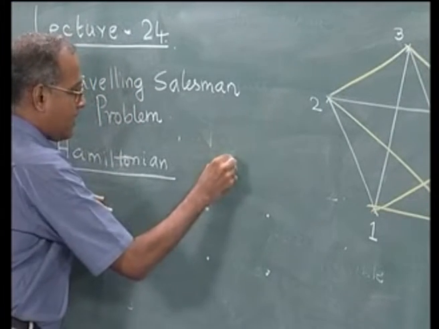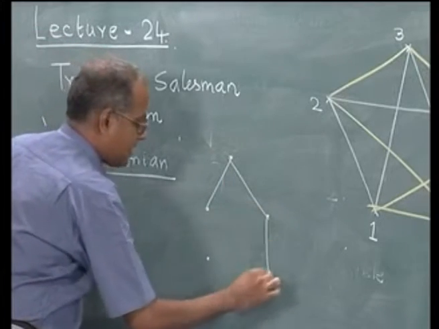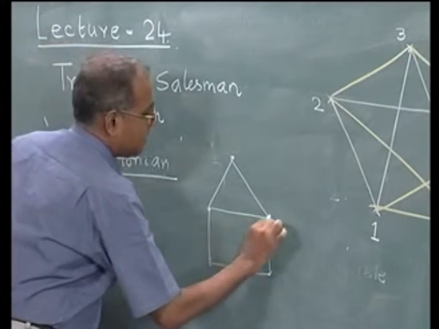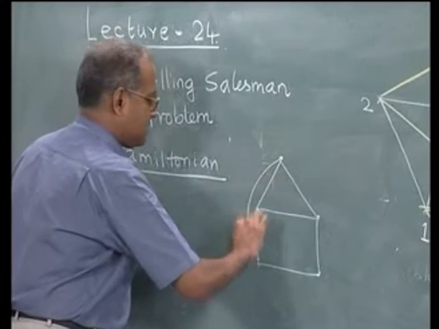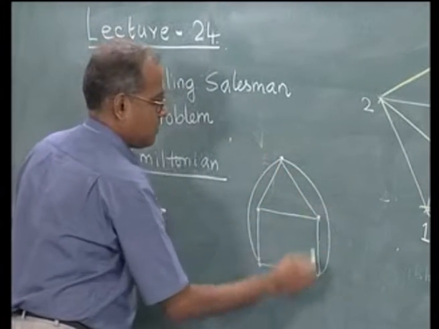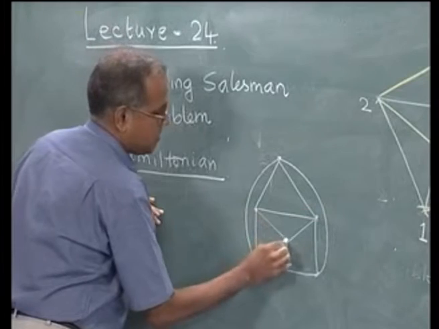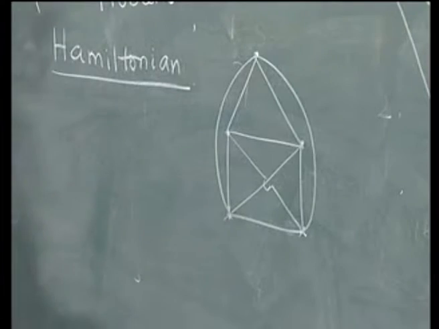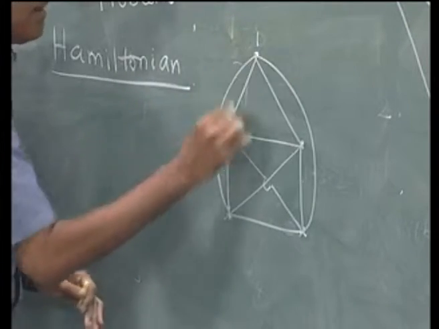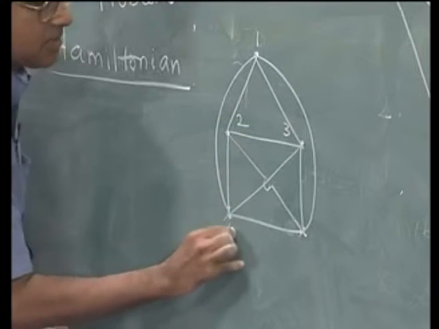Now, if we have a graph here where every vertex is connected to every other vertex, then clearly this graph is Hamiltonian.